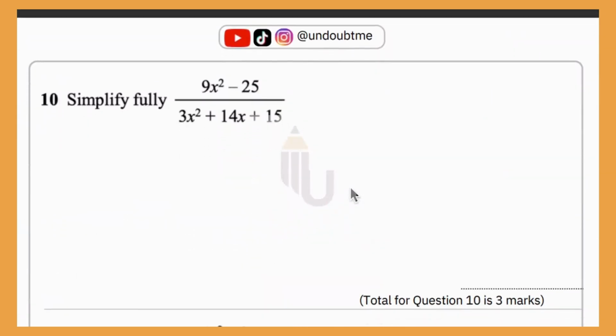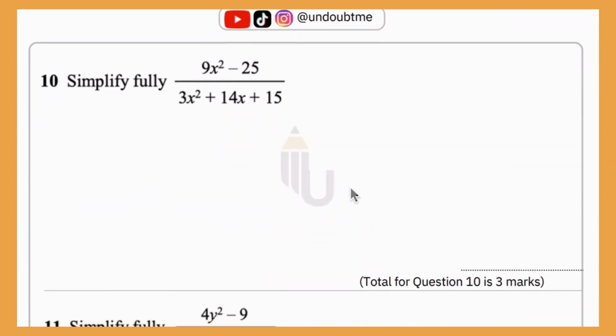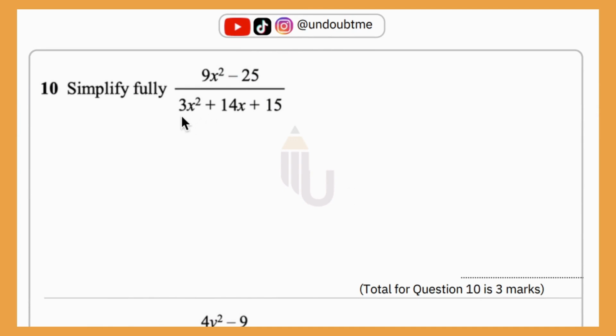Next question. Now this is a bit different because we have a quadratic equation with some coefficient of x square which is greater than 1. Okay, so here approach is a bit different, and first we will just work on the denominator. I can write 3 and 15, and then 3 times 5, so that will give me 9 and 5. 9 and 5 will give me 14.